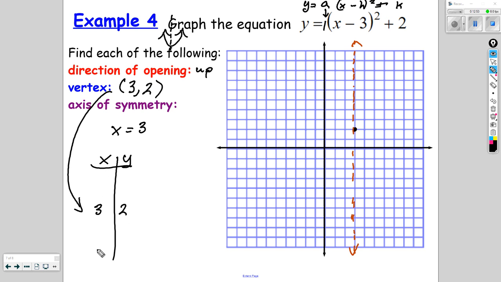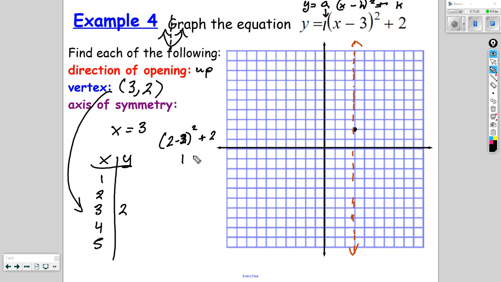And then we can go up and down in terms of the x value and plug those values into the function to get our output values. So I'm just going to choose 2 and 1 and 4 and 5 for this first example. So let's plug in 2. We'd have 2 minus 3 squared plus 2. 2 minus 3 is negative 1.